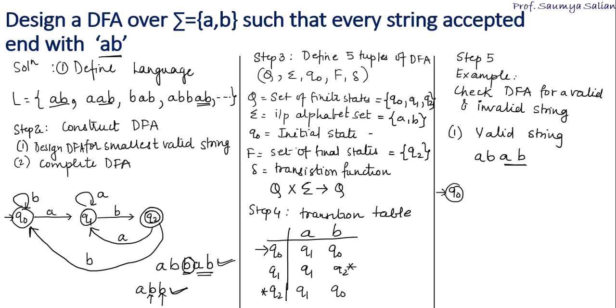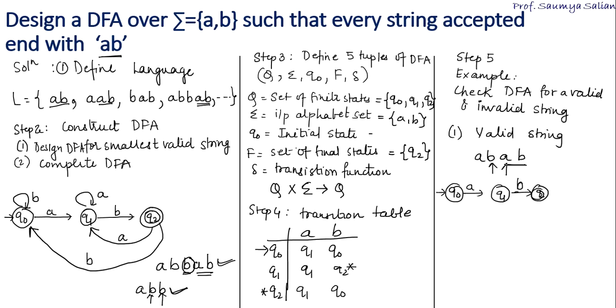Q0 on A will reach state Q1. On getting the input B, Q1 will reach state Q2, which is the final state.